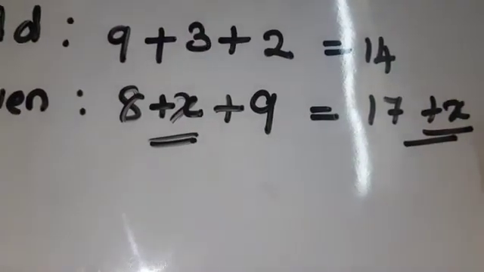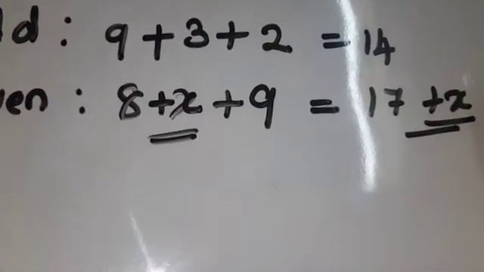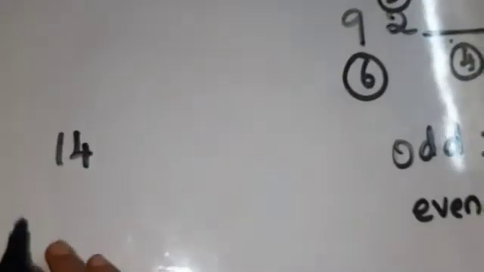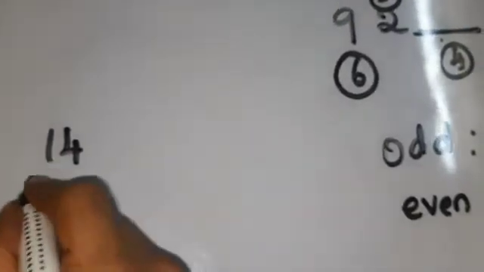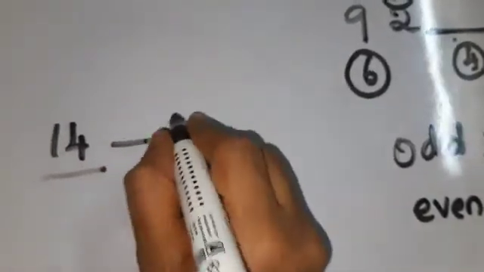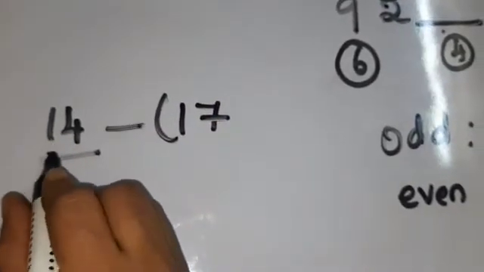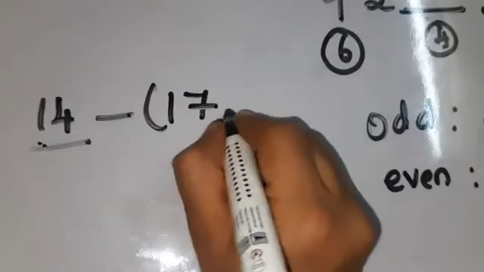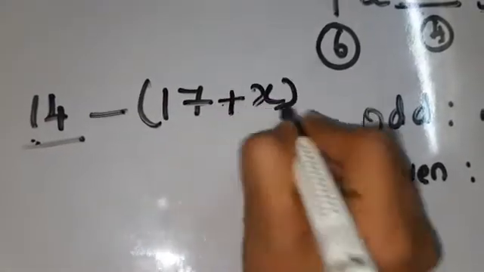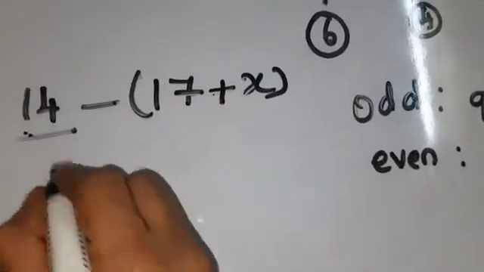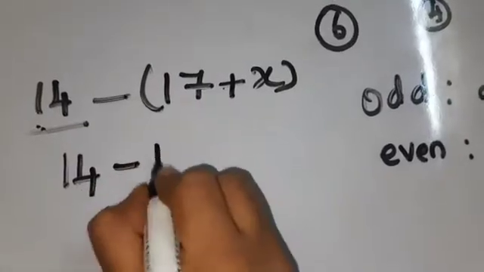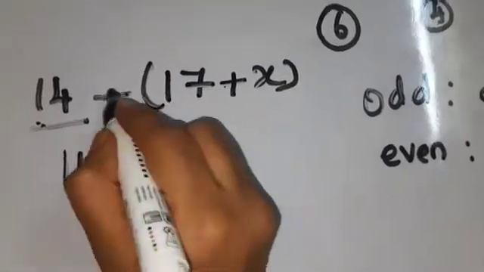After finding the sum of odd and even digits, we are going to find the difference between the sum of the odd digits and the even digits. So the odd digit value is 14 and the even digit value is 17 plus x. So 14 minus 17 plus x.